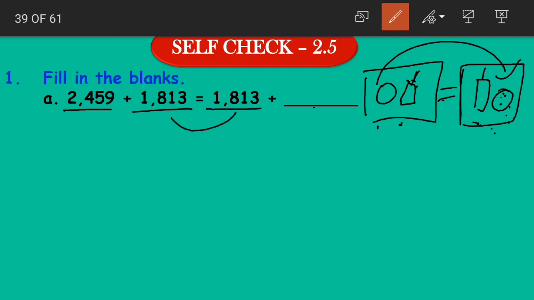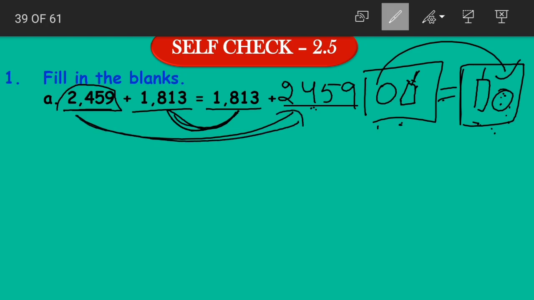In the same way, we are having 1813 here. The other number missing is this 2459. There is no need of addition or doing anything, children. You just have to use your brain and find out the number which is missing and fill in the blank with that number.